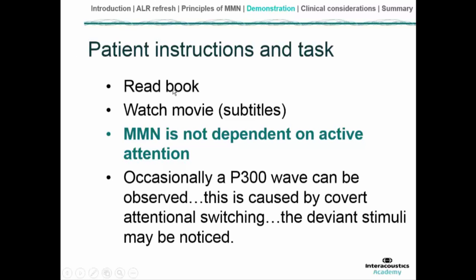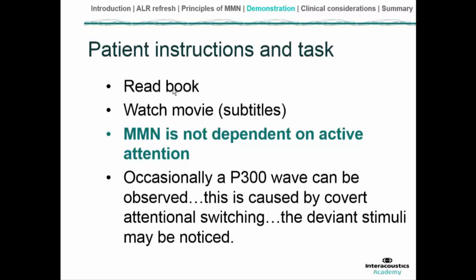The reason why is that if they're fully absorbed in a different task, then it's unlikely that we will get attentional dependent or endogenous responses such as the P300 occurring, which may or may not muddy the waters, so to speak. Another endogenous or attentional dependent response, such as the N2B, looks very, very similar to the MMN.